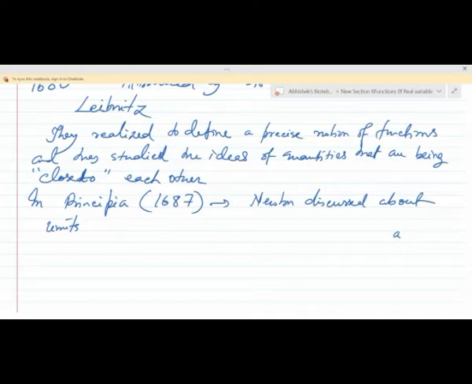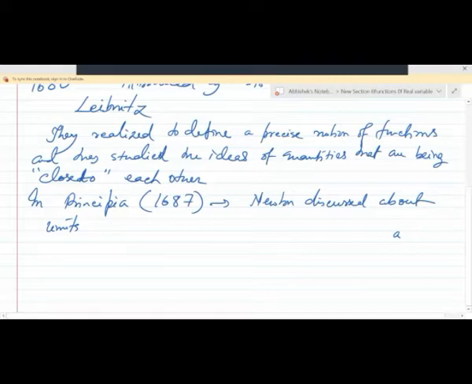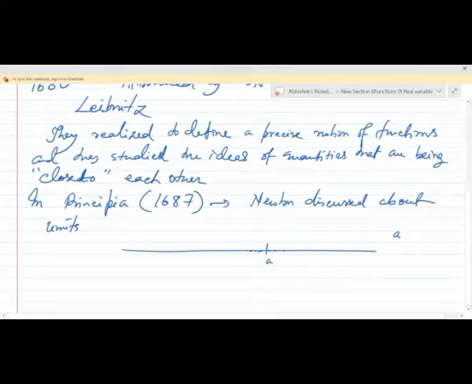so that means, yeah. Suppose a be a real, suppose this is your a, and you are considering real numbers that are approaching a from two sides, from the left side and the right side, right? So there are two directions to approach a, right?